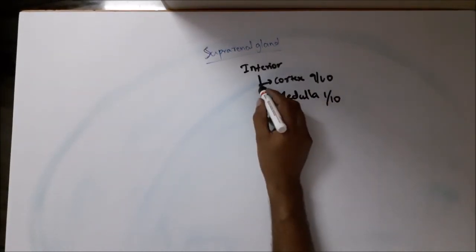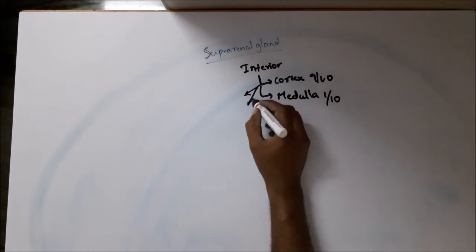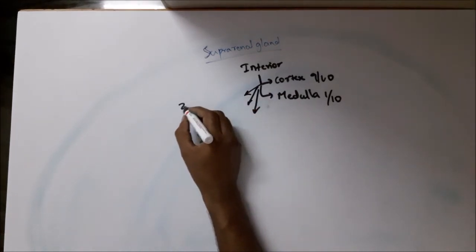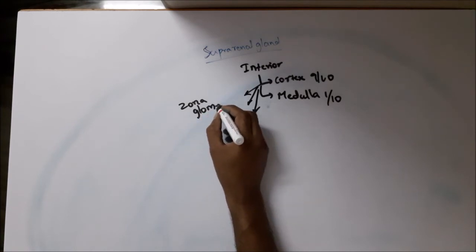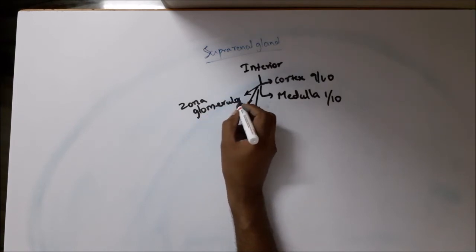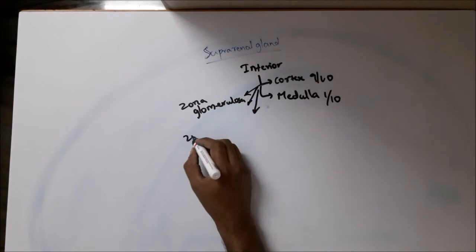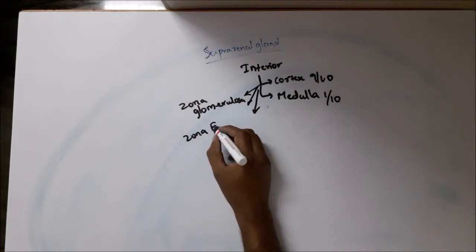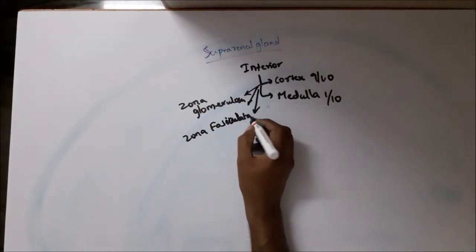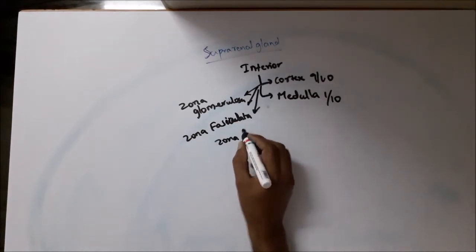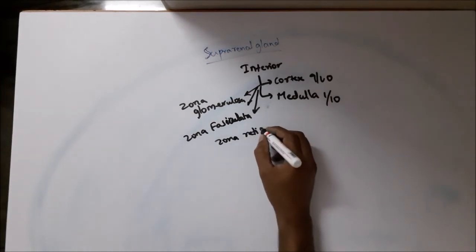This cortex is again divided into three zones: zona glomerulosa, next zona fasciculata, and zona reticularis.